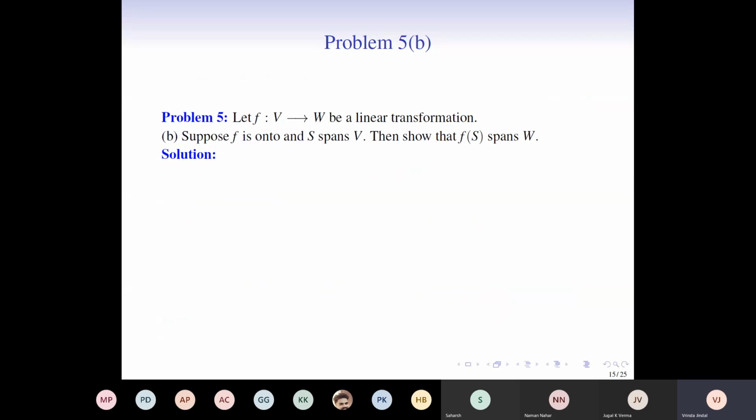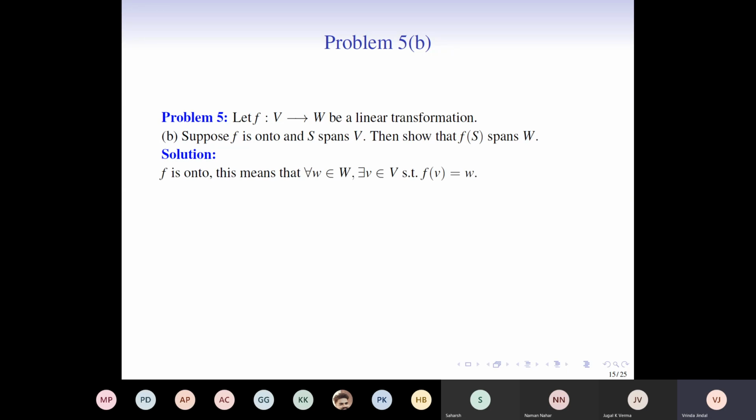The next part was that instead of f being 1-1, f is onto now, and instead of S being a linearly independent subset of V, S spans V. So we need to show that f(S) spans W. Now f is onto.